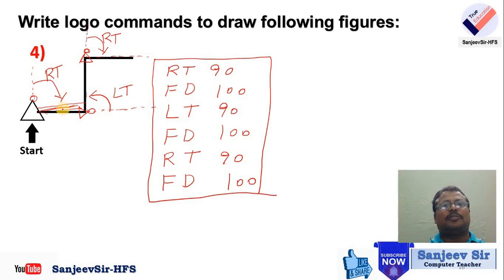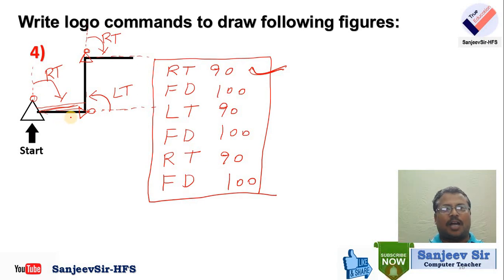According to the direction where the line has to be drawn, we need to change the turtle face. So we need to rotate, we need to turn. That's why the first command is RT, because the turtle will turn first, and then after that the turtle will draw the line.